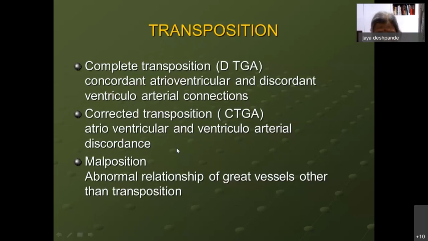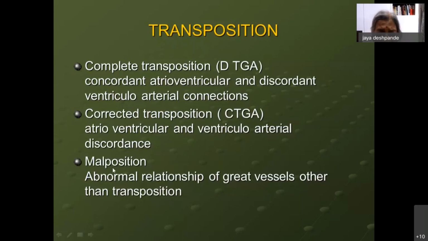The left atrium connects to the morphological right ventricle, which connects to the aorta. So here basically the circulation is okay. Two wrongs make a right. The circulation is normal except that the atrioventricular and ventriculo-arterial connections are all discordant.